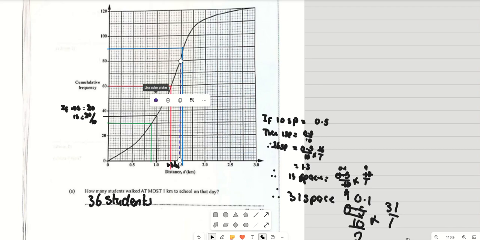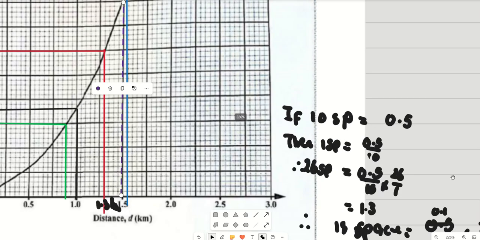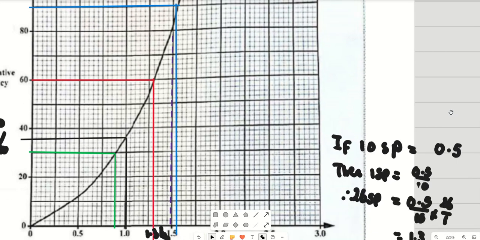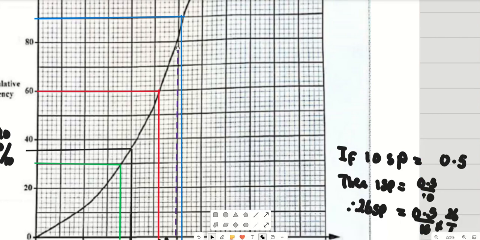Let's use purple. So if you look, this purple line is actually intersecting not at 80 but a little above 80.